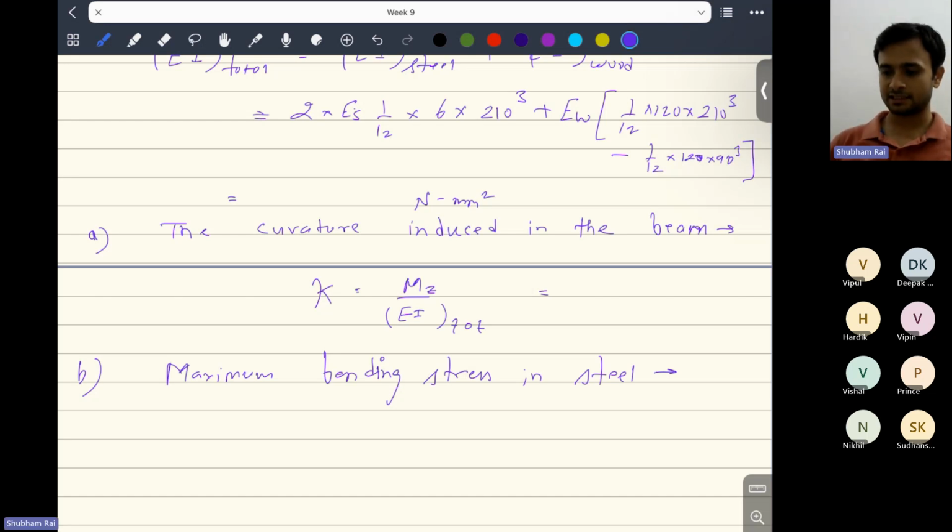So what is the expression for stress? That is E into epsilon, which is minus y by r, right? And 1 by r is curvature, so you have minus E into y into kappa, right?